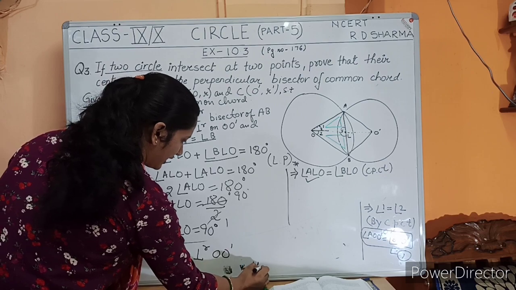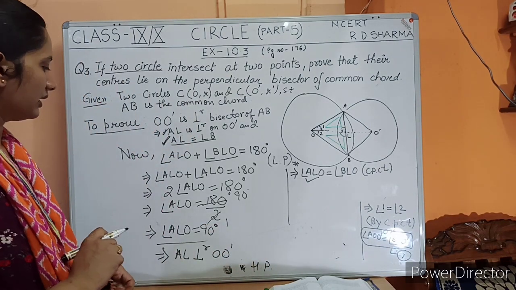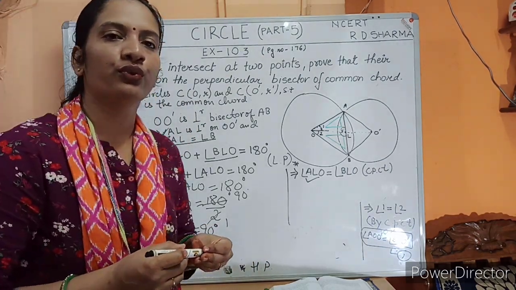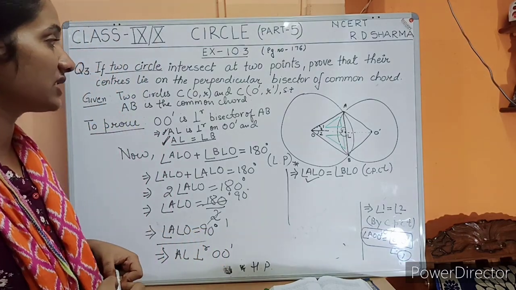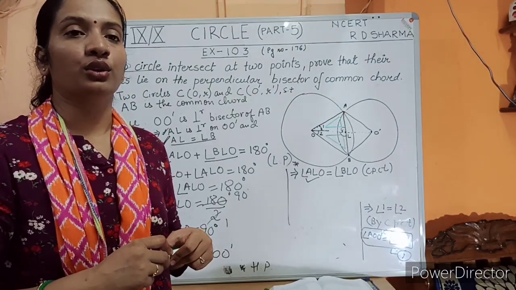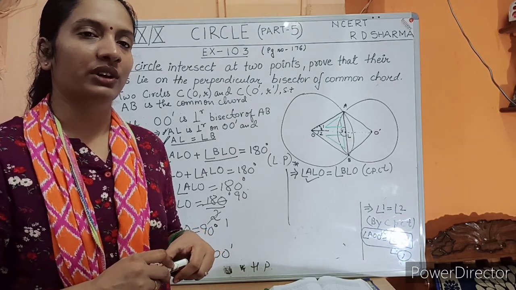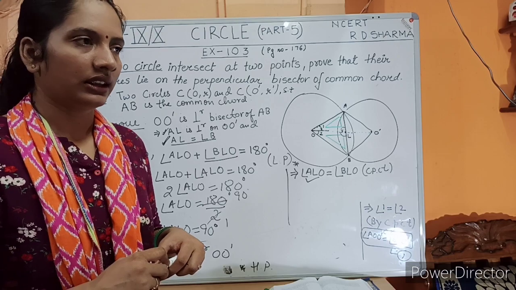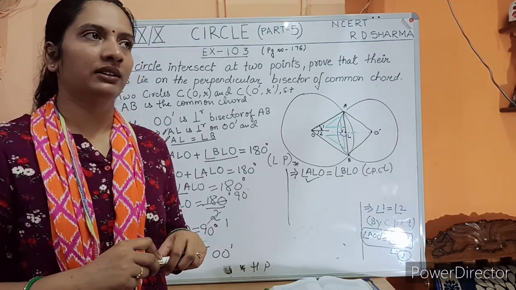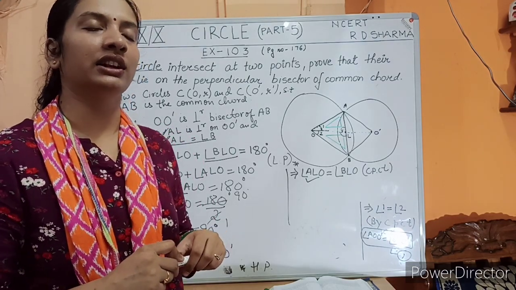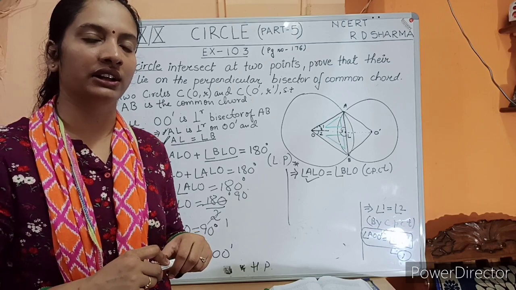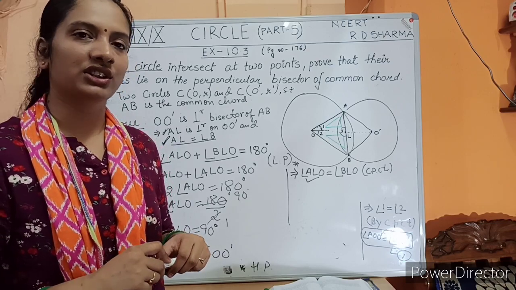Now you may write hence proved. So children, this is the complete proof of this question number 3. This question is very much important. So you have to do the practice as well as you have to understand this question thoroughly. Keep watching my videos. In the next video, we will do some more theorems which are based on this chapter itself.